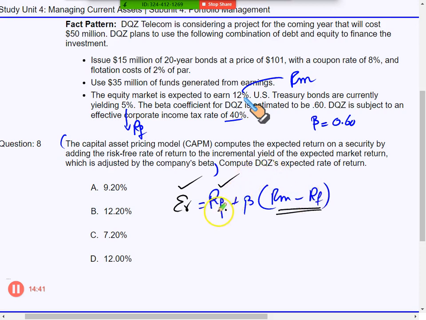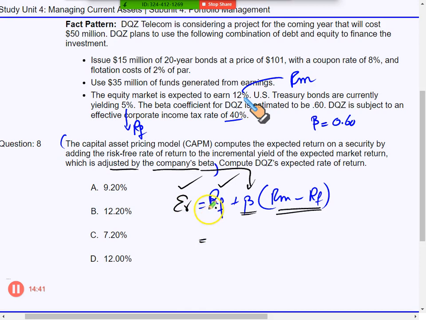So, risk-free rate plus incremental yield adjusted by the company's beta. So basically, what is expected return under the CAPM? It is the risk-free rate plus the market premium, adjusted for that particular asset, for that particular project. This is what you call ER.